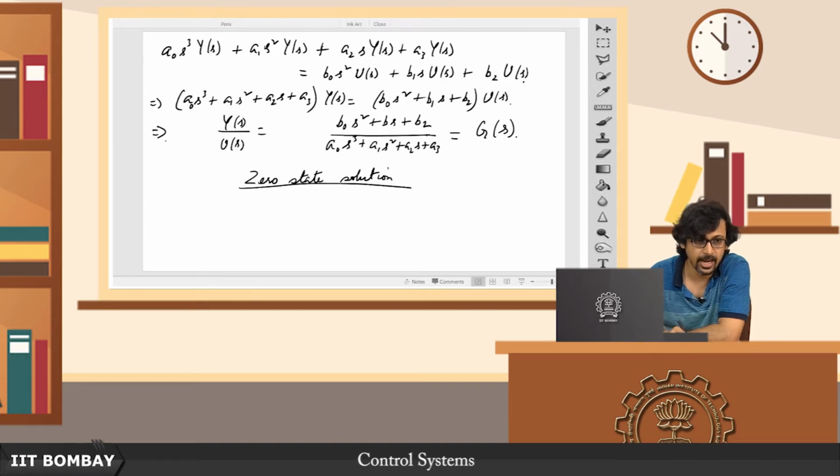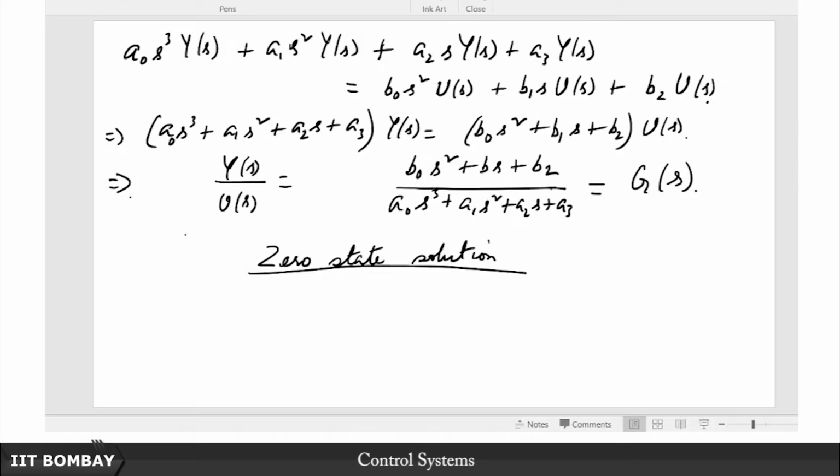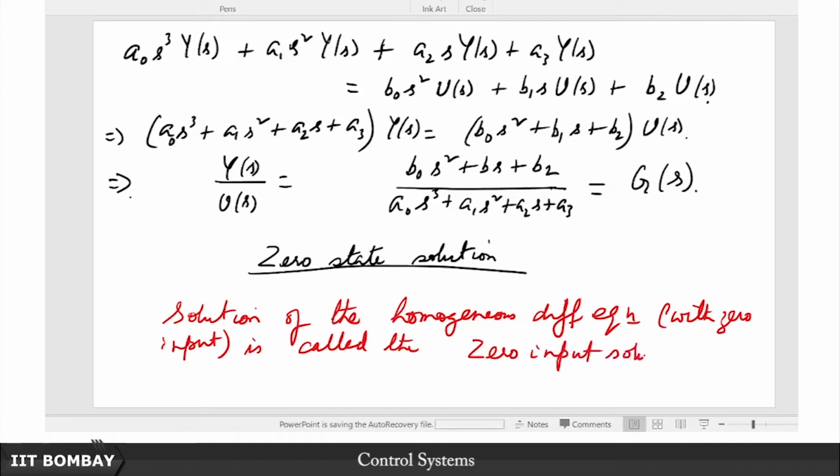On the other hand, if you had taken all your inputs to be 0, and you are looking at the complementary function, or the solution of the homogeneous differential equation, that is with 0 input, that solution is quite simply called the zero input solution.